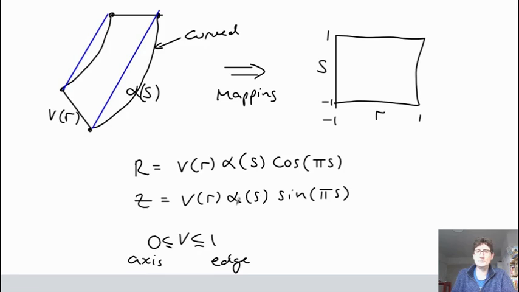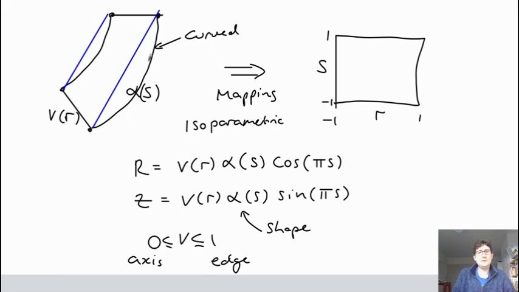We then have some shape, and this is the shape that you want on the outer boundary, times sine and cos to get the shape of the plasma. So this is the shape. And so this defines the shape of the outer edge of the plasma, and then of course this is some function of s. And this is called an isoparametric mapping.